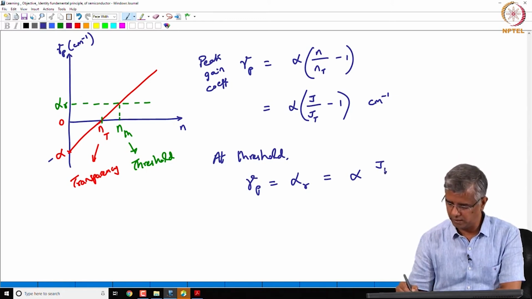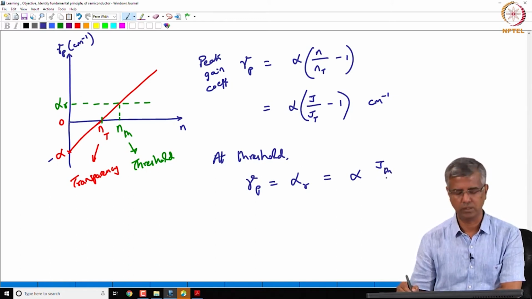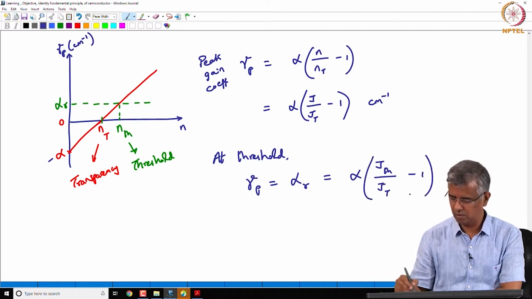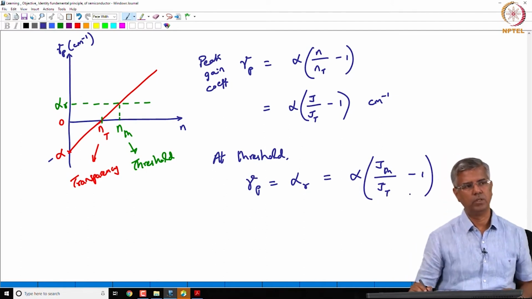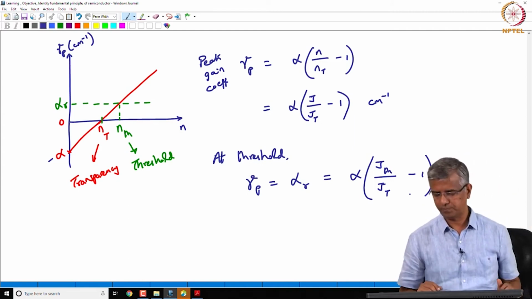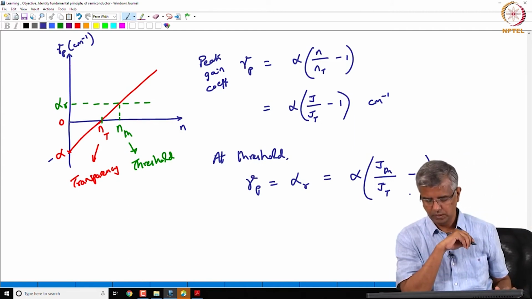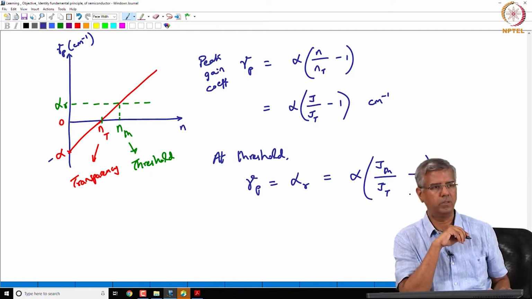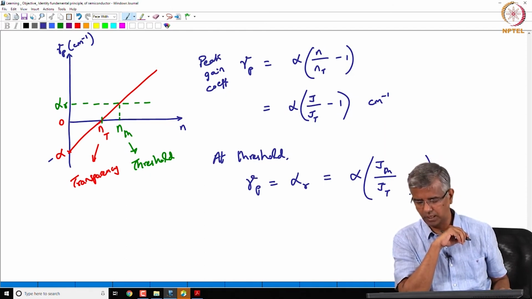So, we can write this as J threshold divided by Jt minus 1. So, gamma p from that expression at threshold J equal to J threshold: alpha into J threshold over Jt minus 1.